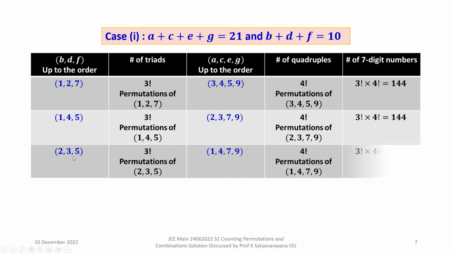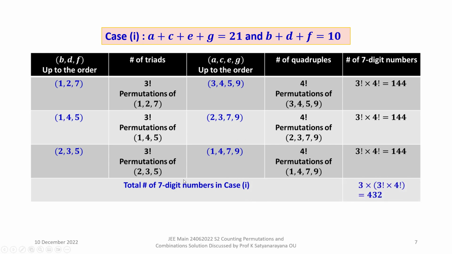Now in the 2, 3, 5 case, you will get 3 factorial, and the remaining ones are 1, 4, 7, 9. So that is the quadruple whose sum of the digits is 21. Use the counting principle again, put the product rule as above, and you will get 144.